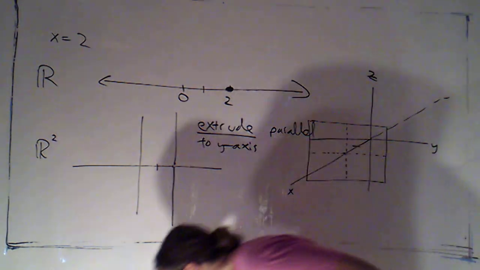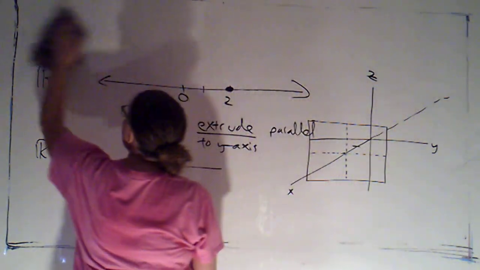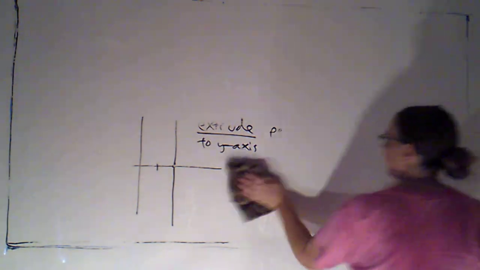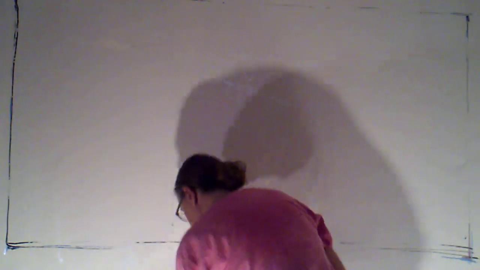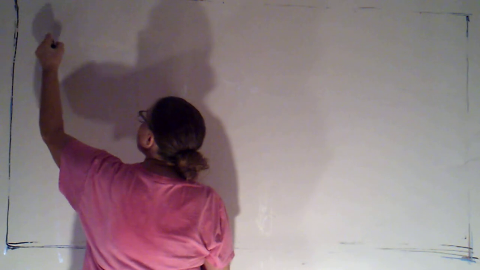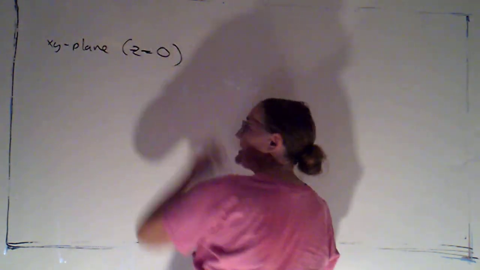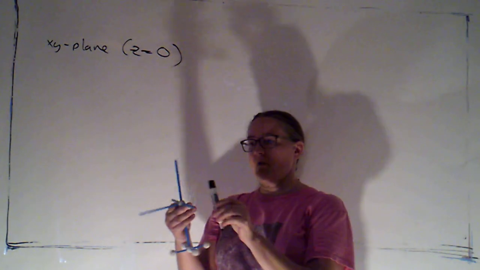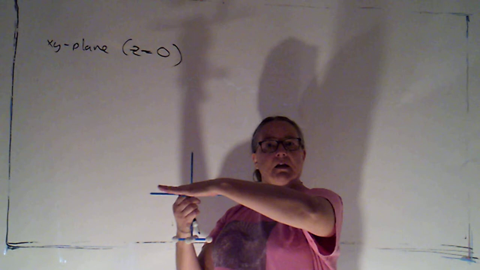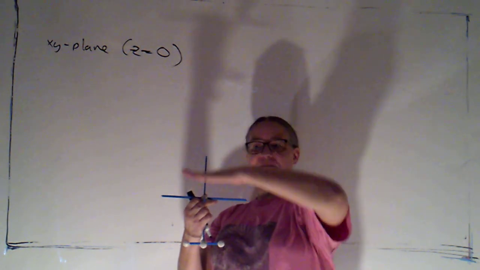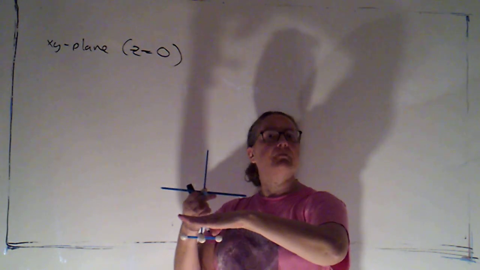Now, there are 3 planes that are actually very, very important for us, and these are called the coordinate planes. So we've got the xy plane, and the equation for that would be z equals 0. So that's basically going to be all of the points that are down here where we haven't gone up, so we haven't gone above the xy plane, and we haven't gone down, so we're not below it.